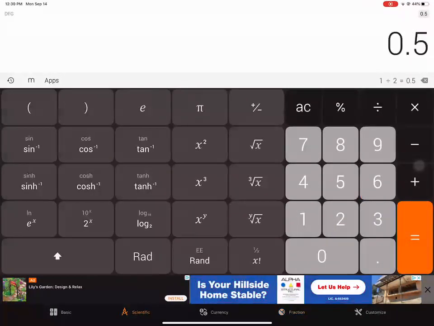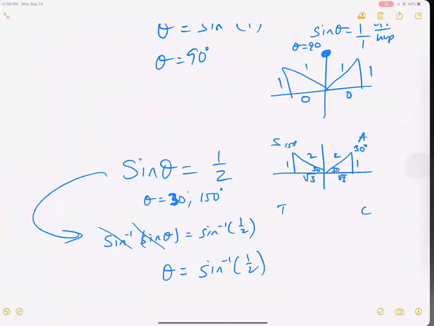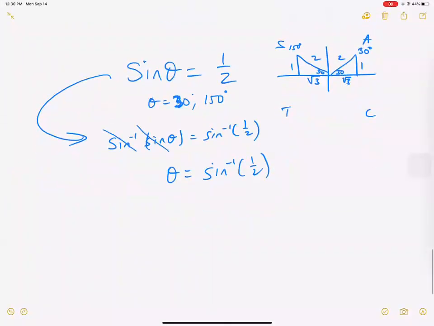And then we're going to sine inverse that. And that gives us the 30 degrees. Okay, so theta is 30 degrees, but it doesn't give me that second angle. See, it doesn't give me the second angle. So if you want to, you can say, oh, if it's 30 degrees, that means the reference angle is 30 degrees, 30 and 30. Okay, so the first one's 30, second one is 150.